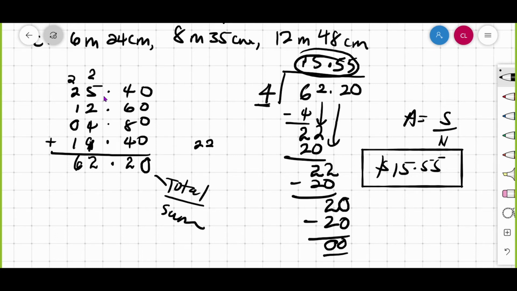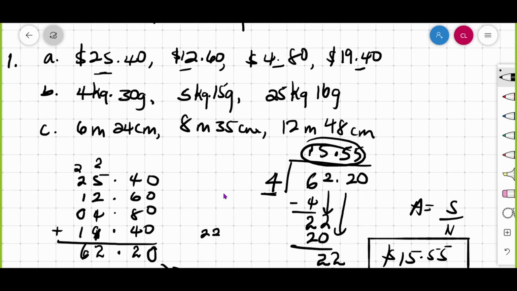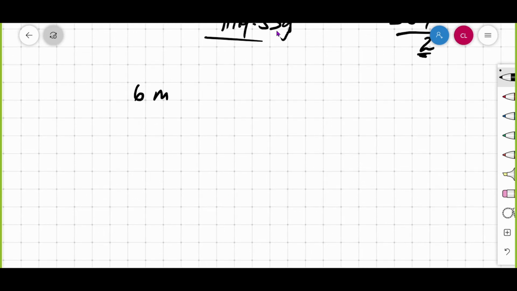Clear? Yes, sir. All right, let's go with B. Let's say sports day. We have some students doing the shot put, and the first student threw 6 meters and 24 centimeters.